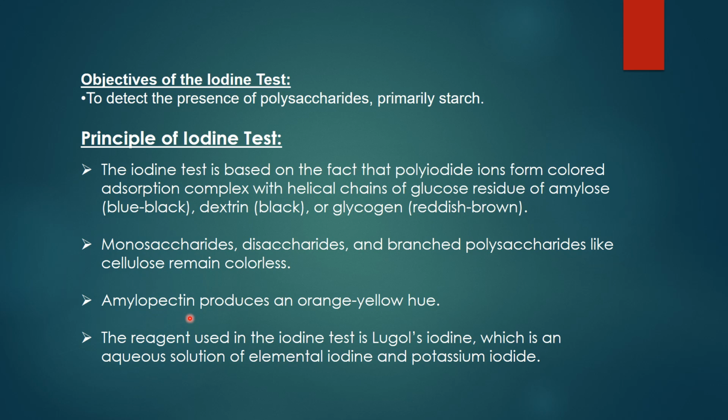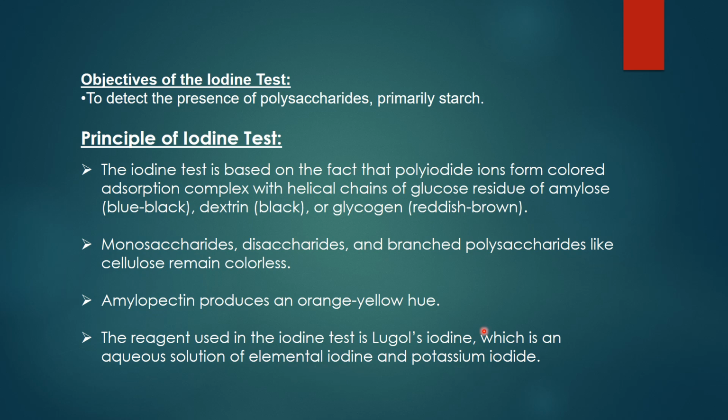The reagent used in the iodine test is Lugol iodine, which is an aqueous solution of elemental iodine and potassium iodide. So the principle of the test is based on the polyiodide ions, which come from the reaction between the elemental iodine and the potassium iodide.